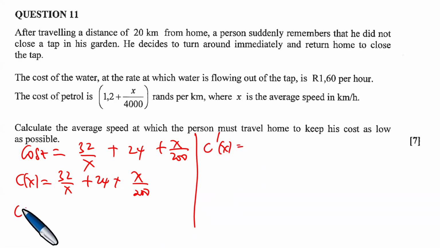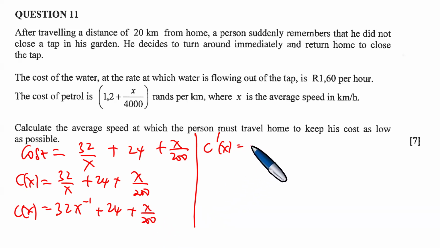Before we do the c prime, let's write c of x in power form, which is 32x to the power minus 1, plus 24, plus x over 200. So c prime of x is minus 32x to the minus 2 plus 1 over 200.